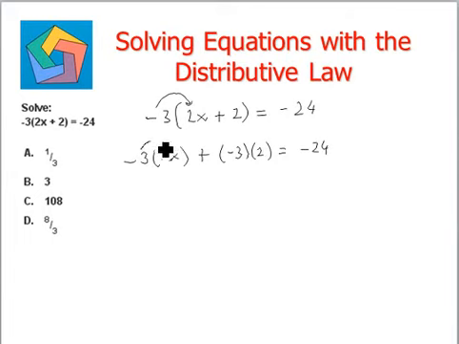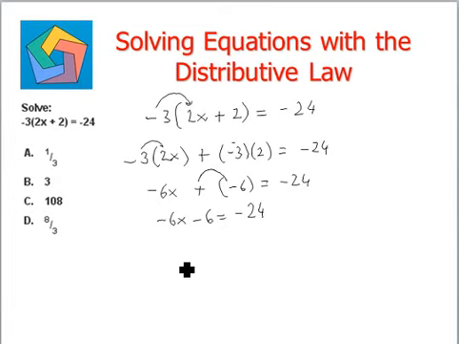Negative 3 times 2x is negative 6x, plus negative 3 times 2 is negative 6, equals negative 24. A positive multiplied with a negative is a negative.